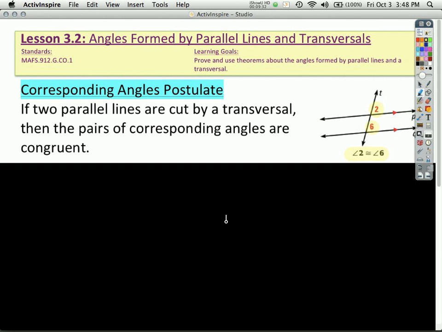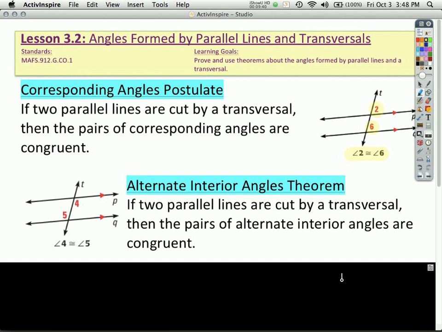So, you see on your cheat sheet, corresponding angles postulate is there for you. The second is the first theorem today, the alternate interior angles theorem. So through the warm-up, we were able to confirm that most of you understood what alternate interior angles meant.